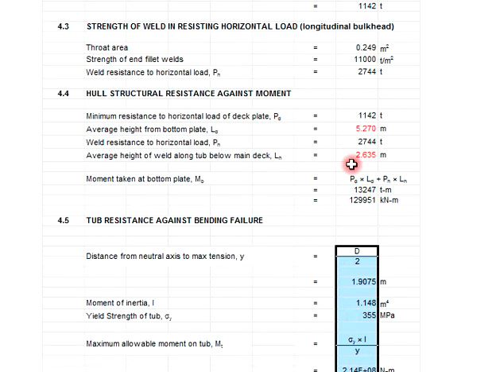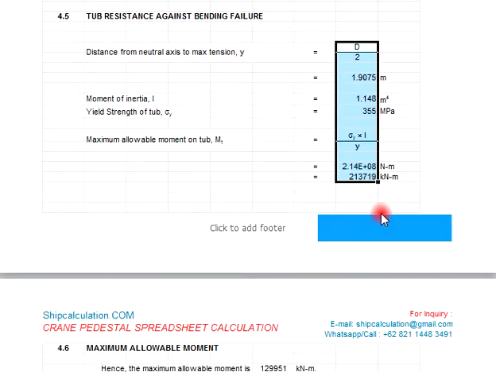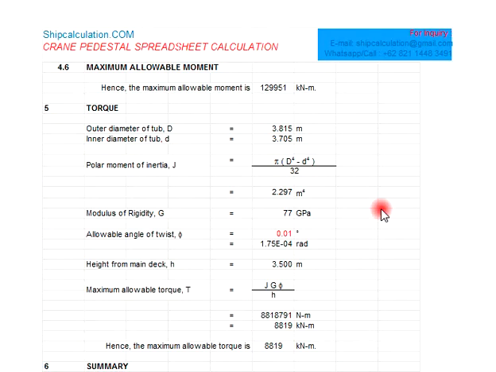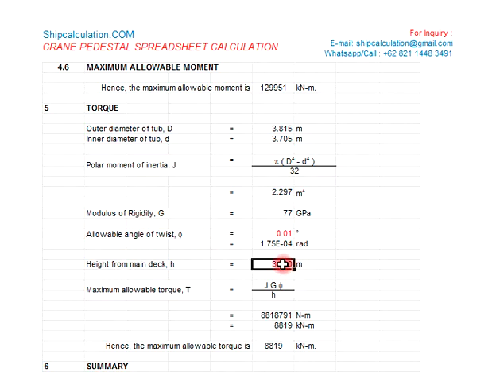What you just change is the red ones. Then you will get the maximum allowable moment, the torque, from the outer diameter, and the polar moment of inertia has a formula. Also rigidity, and from the allowable angle of twisting on top, the height is also called.